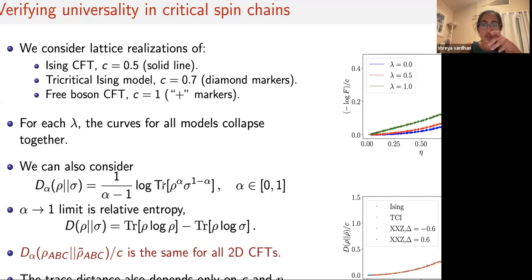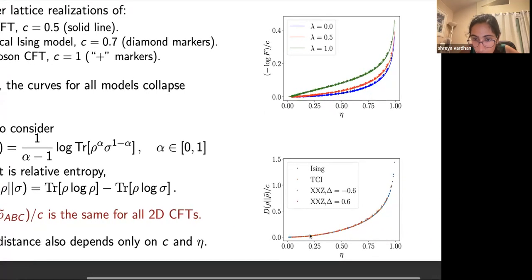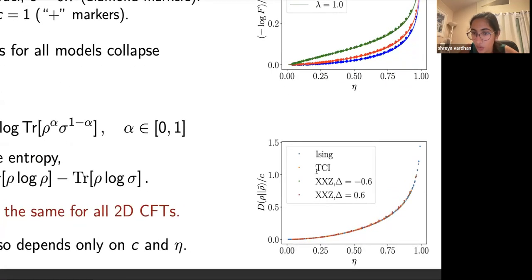And for each of these quantities, again, we can define some replica trick. And we find the same feature that I mentioned on the previous slide: these quantities are UV finite and they are universal with respect to the operator content. And this is a plot which verifies this for the relative entropy, the alpha going to 1 limit, where again, all of these different curves just collapse together.